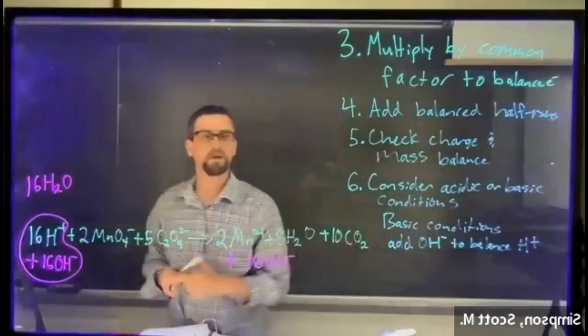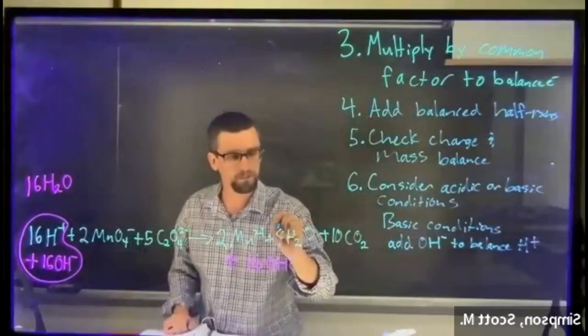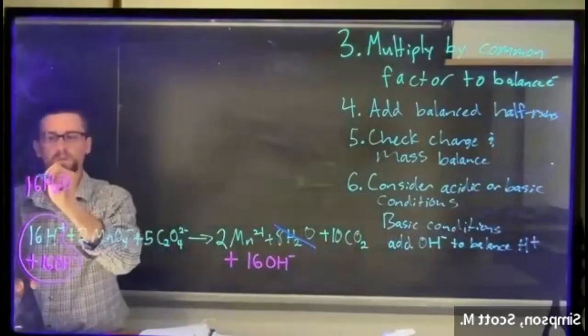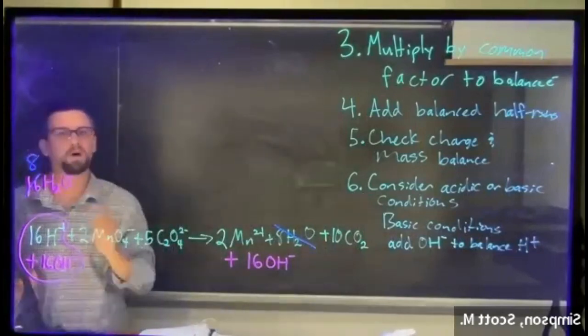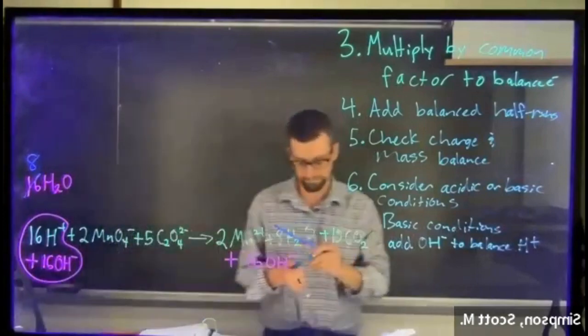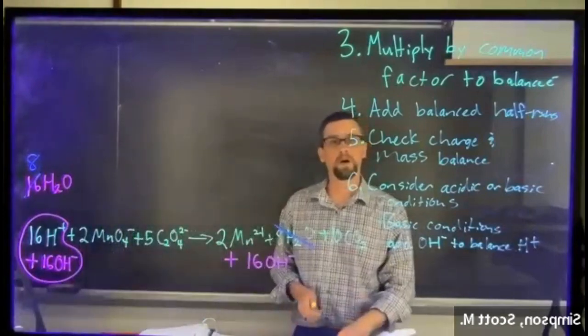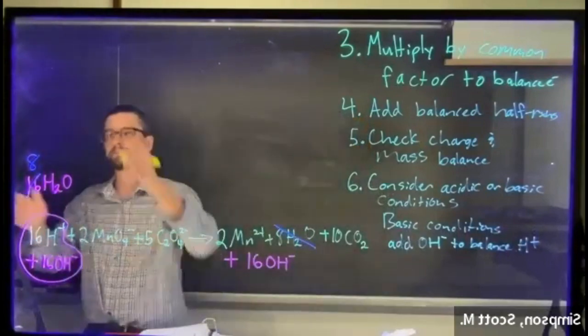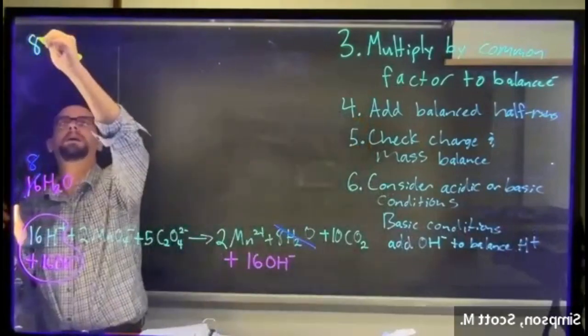In this case, we have 8 waters here. Those are going to go away. And then we're going to cancel out those 8 waters. Therefore, under basic conditions, a reaction would have the following.